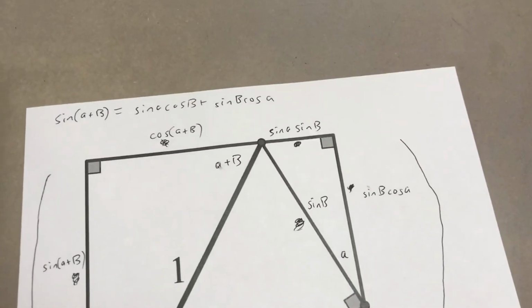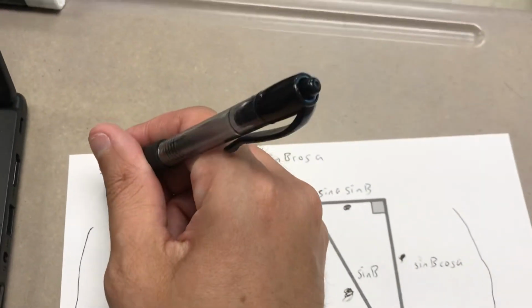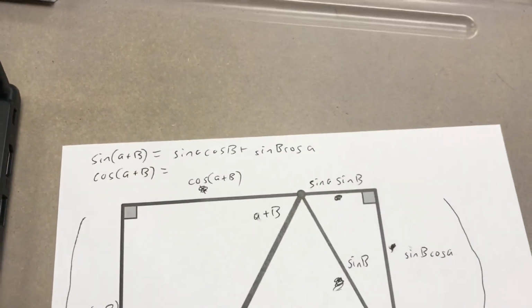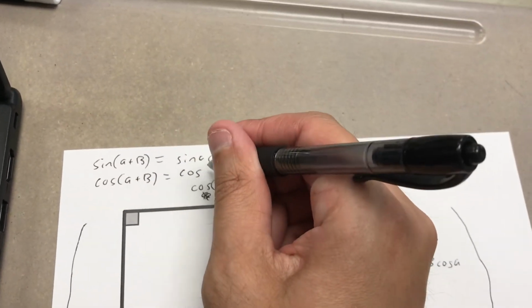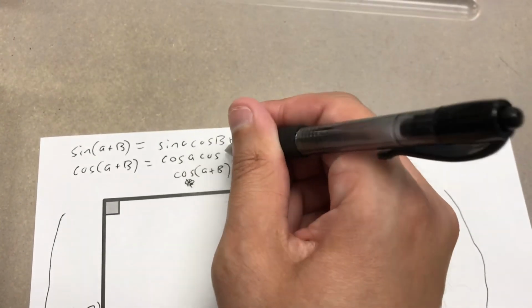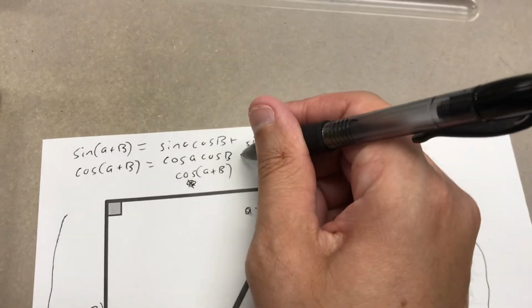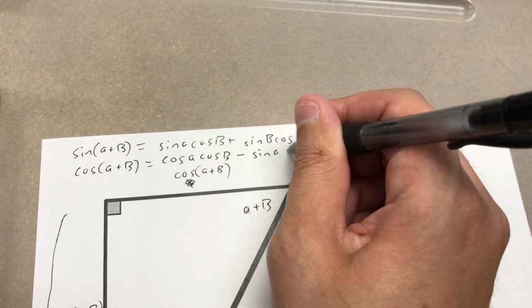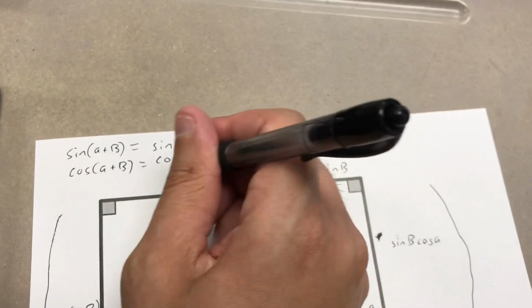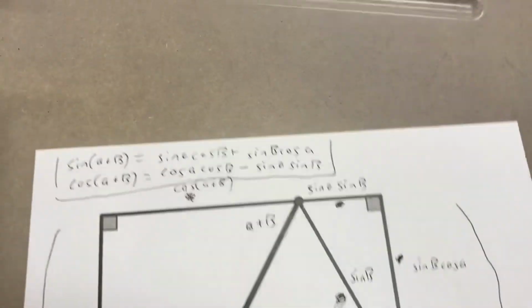Let's go ahead and write that final equation down. So it turns out here that the cosine of the sum of two angles is going to be equal to the cosine of the first times the cosine of the second minus the sine of the first times the sine of the second. Okay? And we were able to prove both of those using our little diagram.